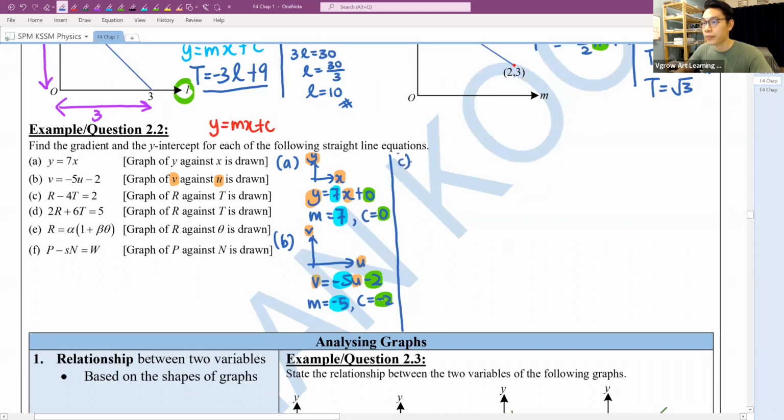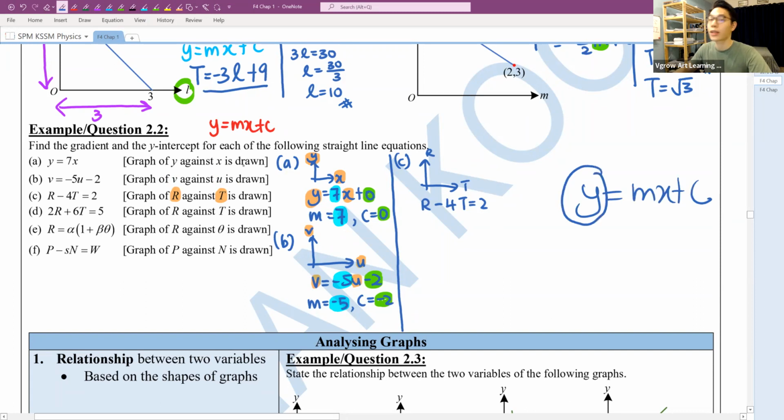Part C, this time the graph I'm drawing is R against T. R against T, we're going to put down in the graph. R is here, T is here. However, the equation they give me is R minus 4T equals 2. Usually for y equals mx plus c, the y must be alone.